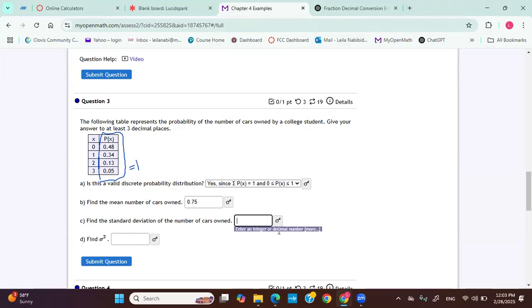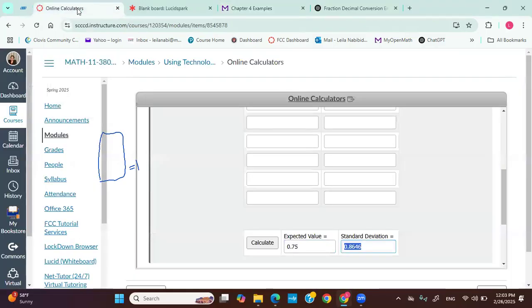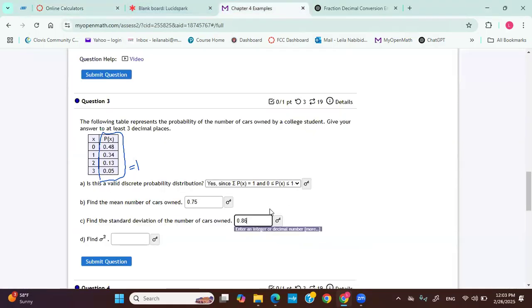Sometimes you can look at these purple notes to make sure how many decimal digits you need. It doesn't mention it right now, but sometimes it does. The question says give your answer to at least 3 decimal places. At least means you can have more than 3 decimal places as well.